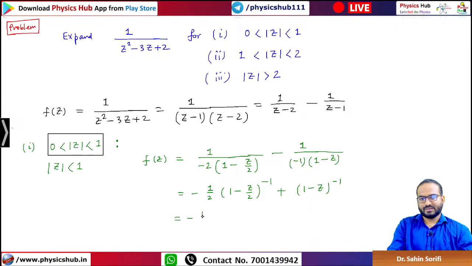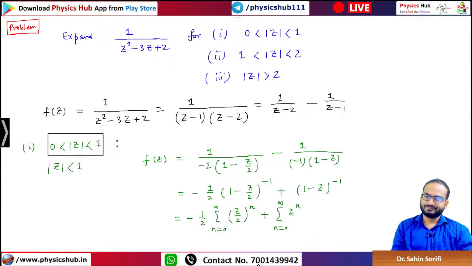So this is equals to minus half. You can expand this in the form of summation, n equals 0 to infinity z by 2 whole to the power n, and this one, 0 to infinity z to the power n. So this is the required expansion.